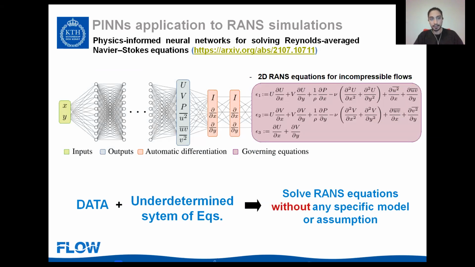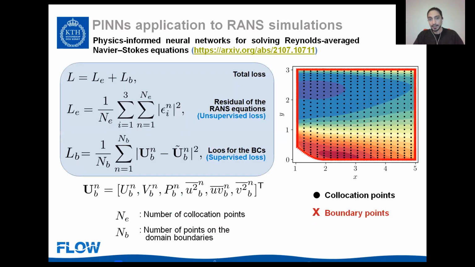And once we have this analytical relationship, we can use automatic differentiation to compute the derivatives. Once we have those, we can construct the governing equations and compute the residuals, and these residuals would be used to train the neural network.